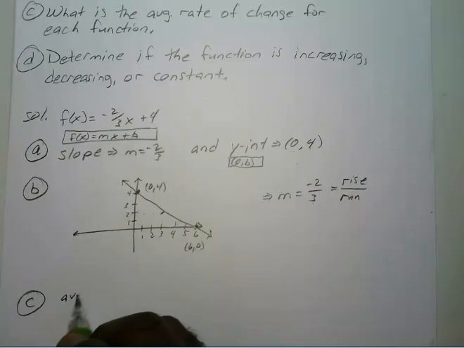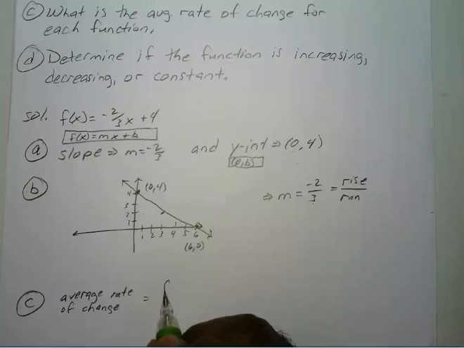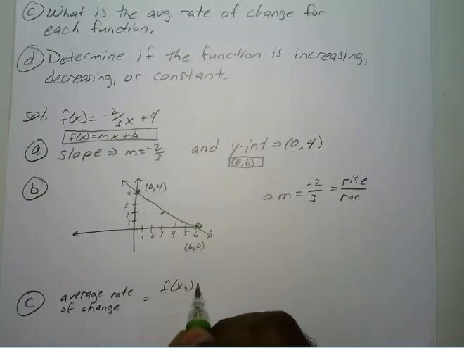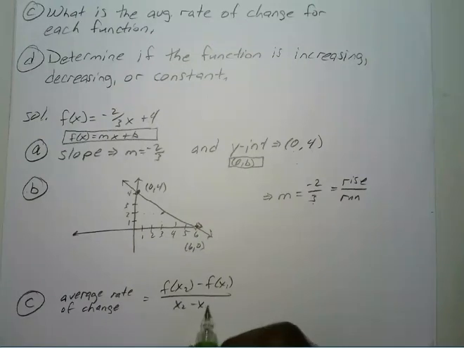we know that the average rate of change for a linear function is equal to f of x2 minus f of x1 over x2 minus x1. Okay.